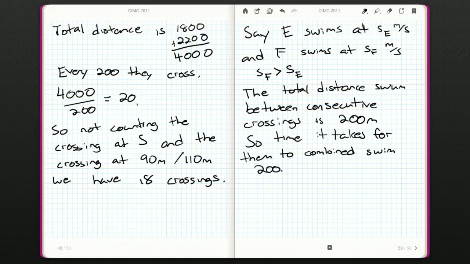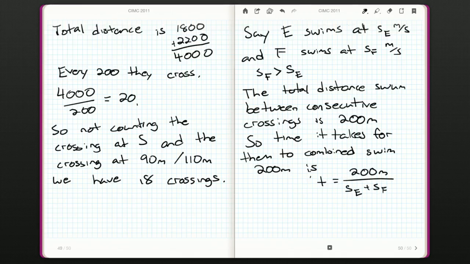So if combined they're swimming 200 meters, we don't care who does what work, we just want them to be swimming 200 meters in total. So what we can do is just add their speeds together. So the time is 200 meters divided by SE plus SF.